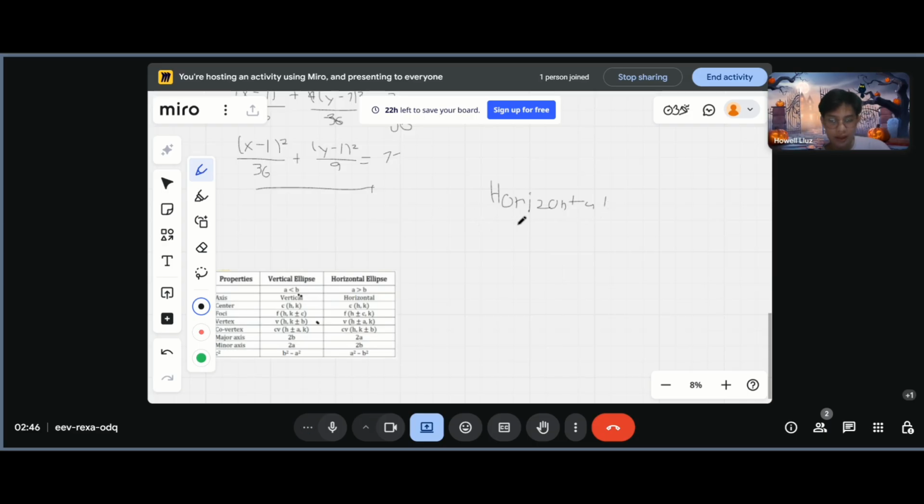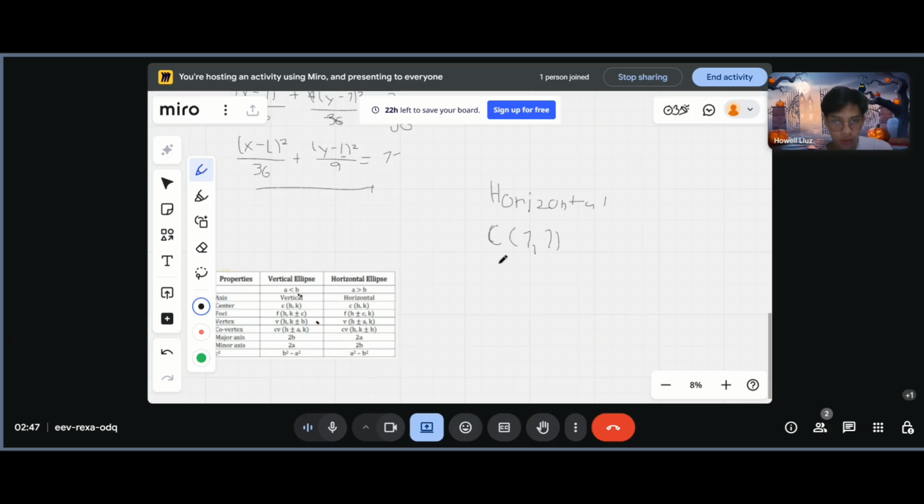And the center, which is given as the 1, the 1, equals to 1, comma 1.